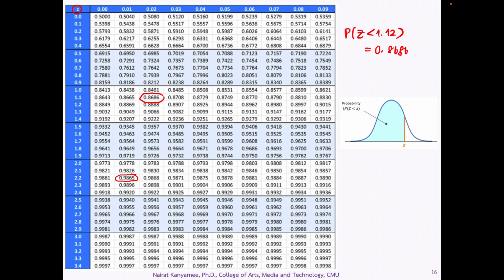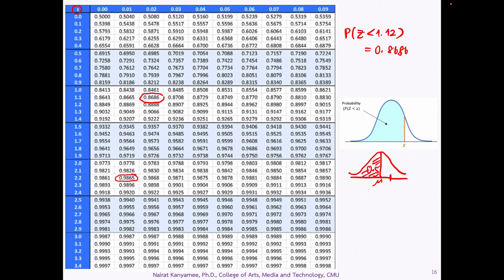The value in the table is positive and greater than 0.5 because we are considering z on the positive side. The area up to the mean is 0.5, right, because the whole thing is 1. So if z is more than the mean, the area under the curve is going to be greater than 0.5, right?